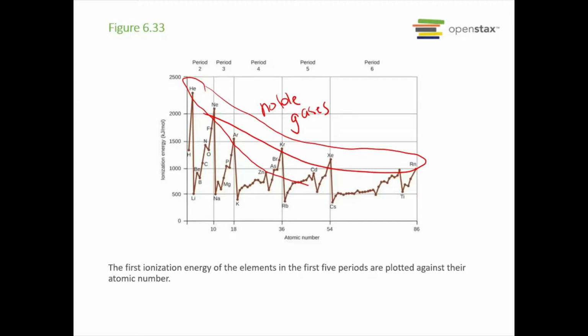They don't want to give away their electrons. Okay, and then you see our hydrogen also, and then our group 1 alkali metals on the bottom. Of course, there are some exceptions to the rule, but this is a generalization.